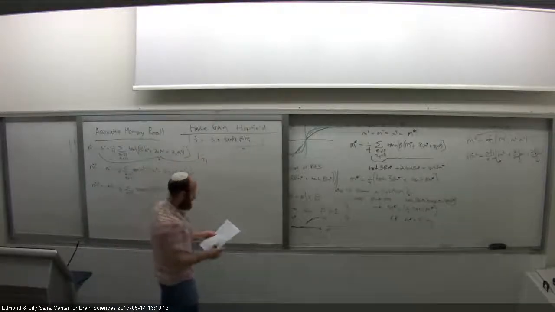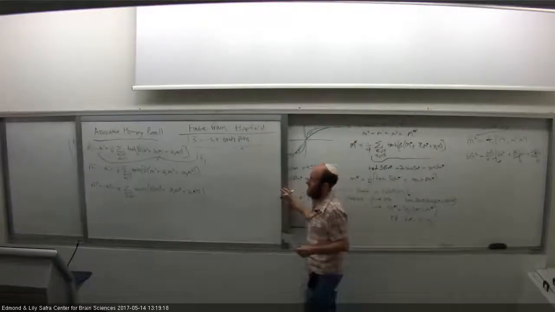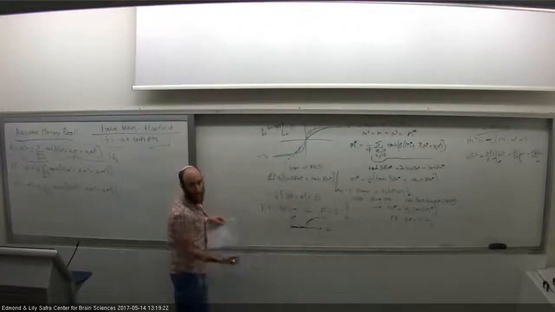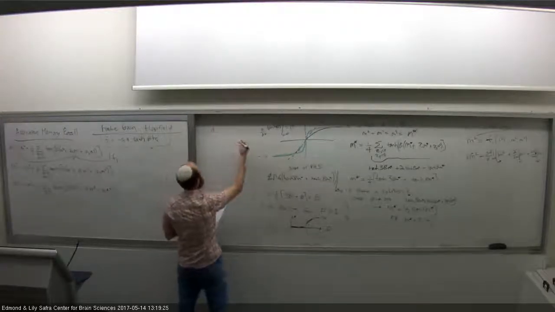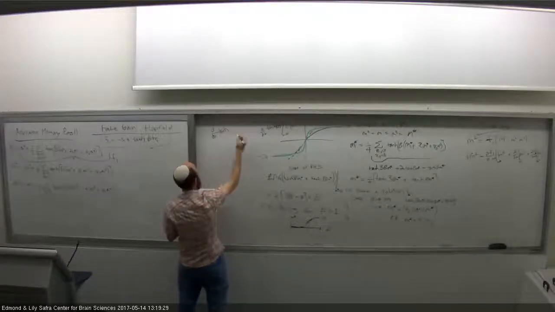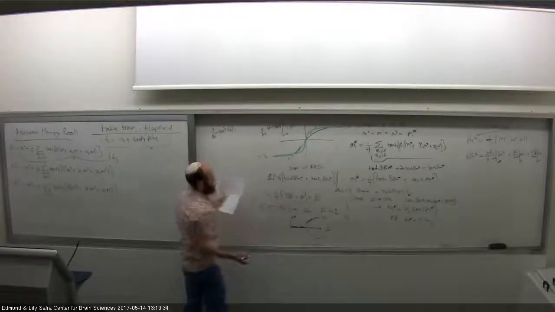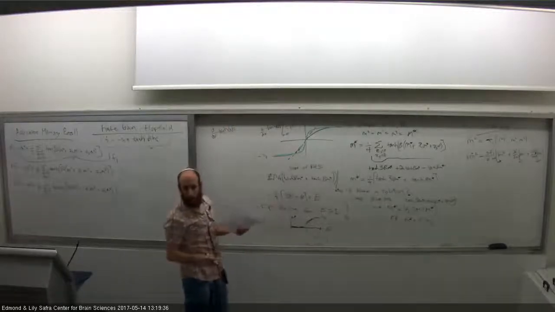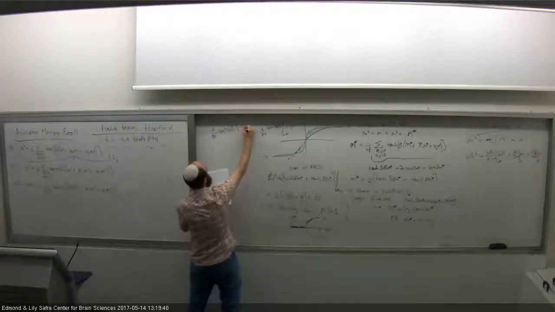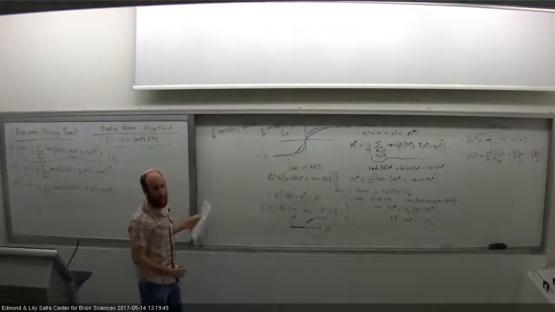What will be useful for us to calculate that is the derivative of tanh, not just at 0. d/dx tanh(x) is equal to, there are a few different ways of writing it, sech squared or 1 minus tanh squared of x.